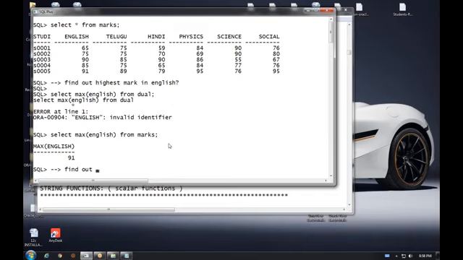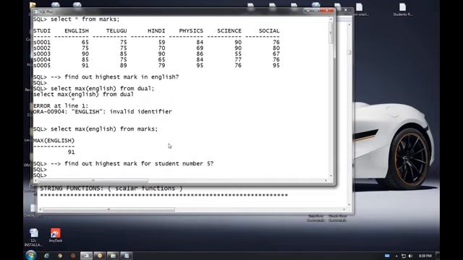My next target is to find out the highest mark for student number 5. Select student ID, comma, greatest. Why? Because I am comparing column values, meaning multiple columns.